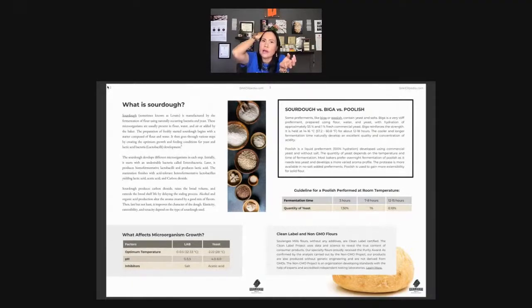Instead of proofing for 4 or 6 hours, you can proof that baby in just an hour using yeast. Who doesn't want that? But the traditional baker just frowns on using yeast in sourdough. Okay, so I'm just telling you what's going on out there.